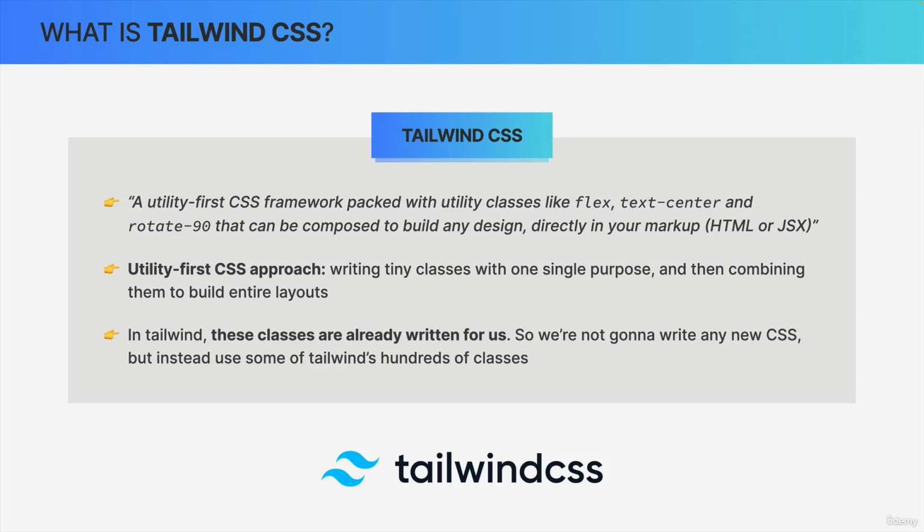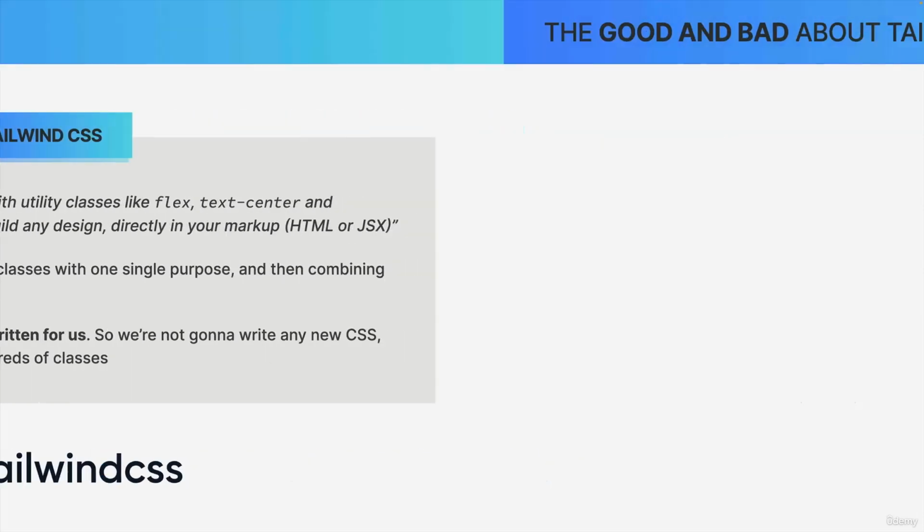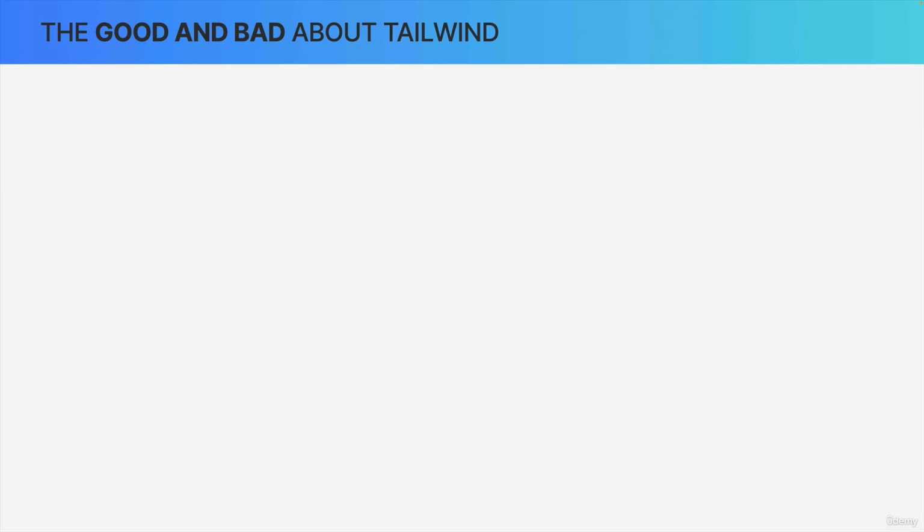So it's really that powerful. But instead of me listing all the great features here of Tailwind, let's do this as a list of pros and cons, because of course there are also some problems with an approach like this. But first, let's actually start with the good parts.